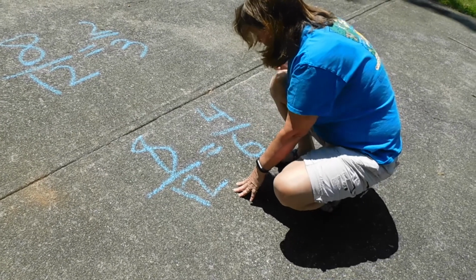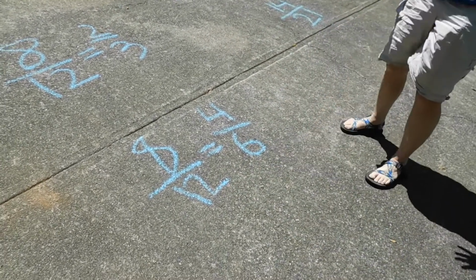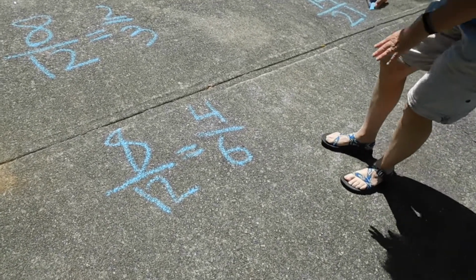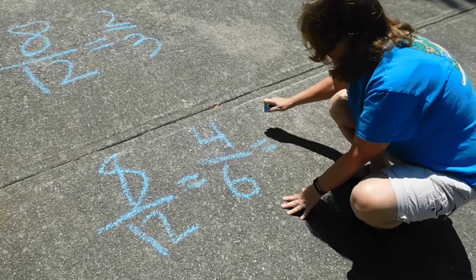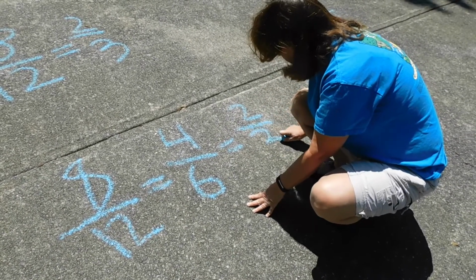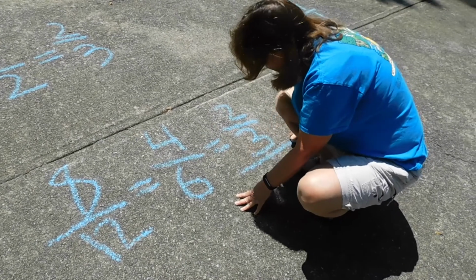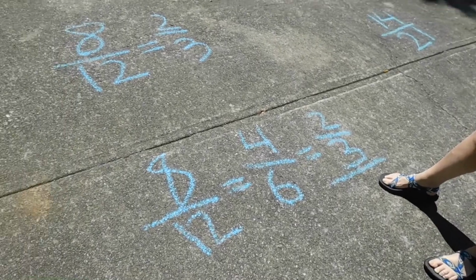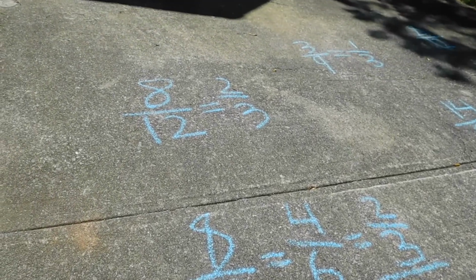The problem is you're still not done, because 4 and 6 are even numbers, so they'll go into 2 again. 4 divided by 2 is 2, and 6 divided by 2 is 3. So you still end up with 2/3 either way, but this one requires more steps. The more you can think of a bigger number that goes into both evenly, the better.